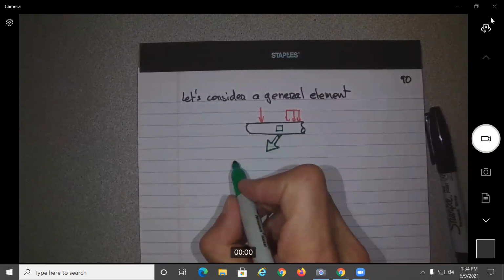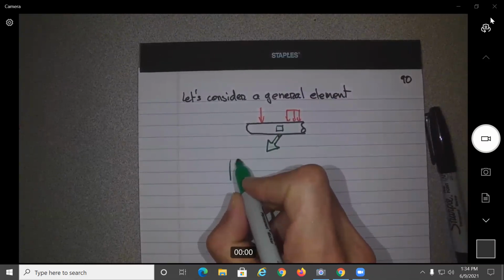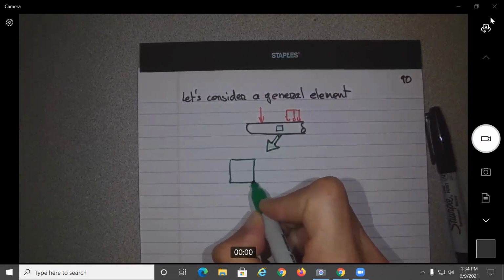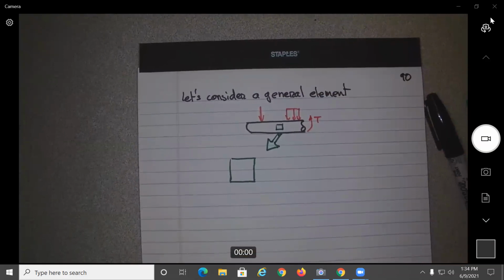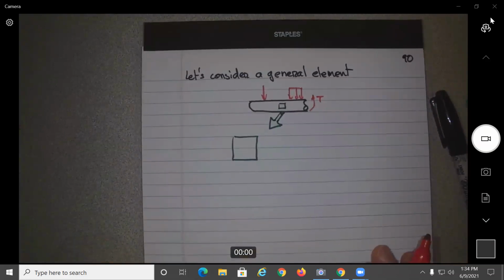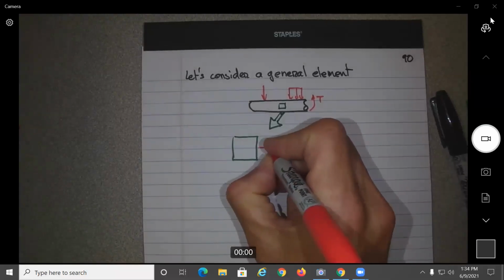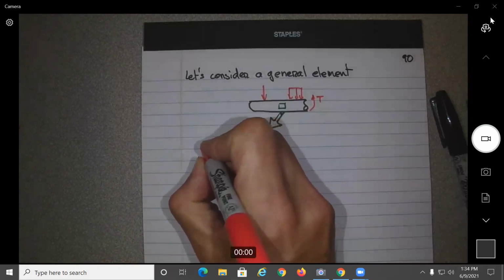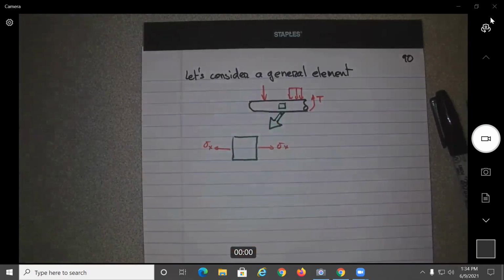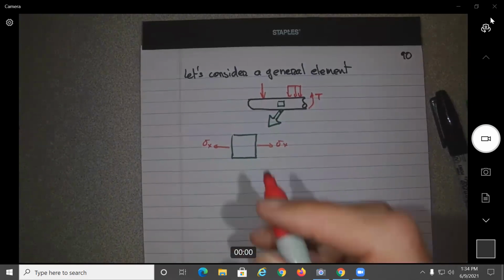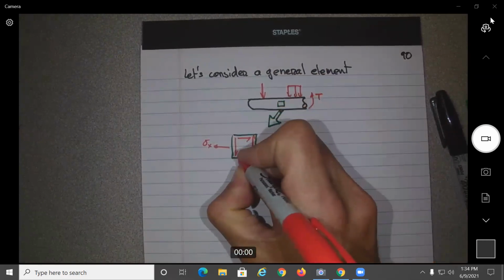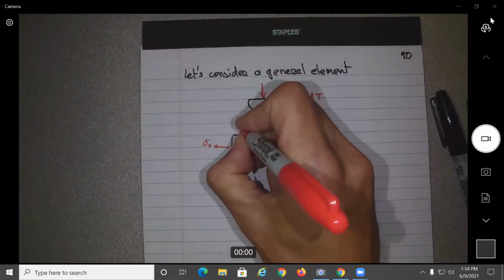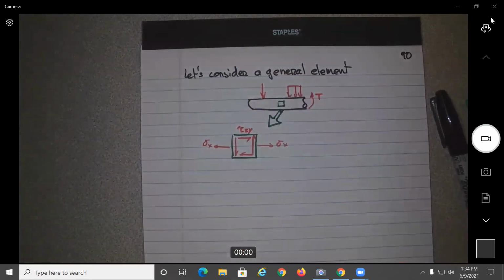And let's say there's a torque over here, doesn't matter, whatever you want. So that element is going to be subjected to normal stresses and shear stresses. So let's say it's subjected to a normal stress and a shear stress, whatever you want to call it.